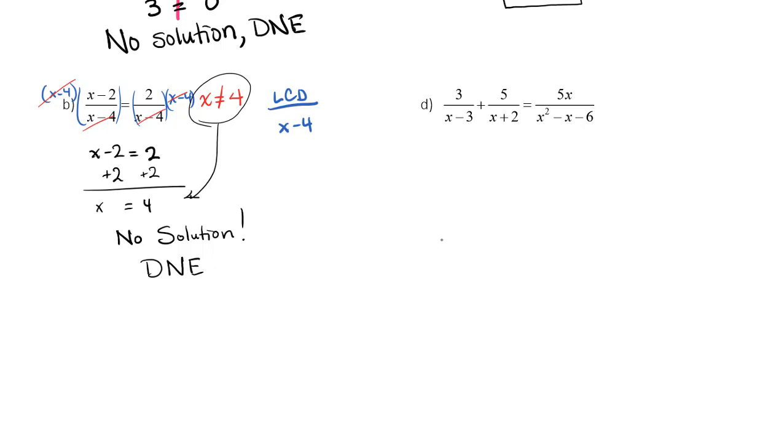Let's take a look at this last one here. We have 3/(x - 3) + 5/(x + 2) = 5x/(x² - x - 6). I'm going to factor the trinomial on the right side of the equation. I'm going to have (x - 3)(x + 2).